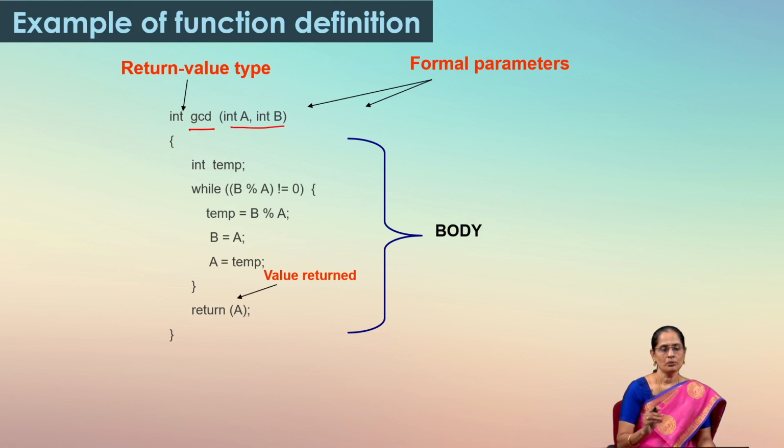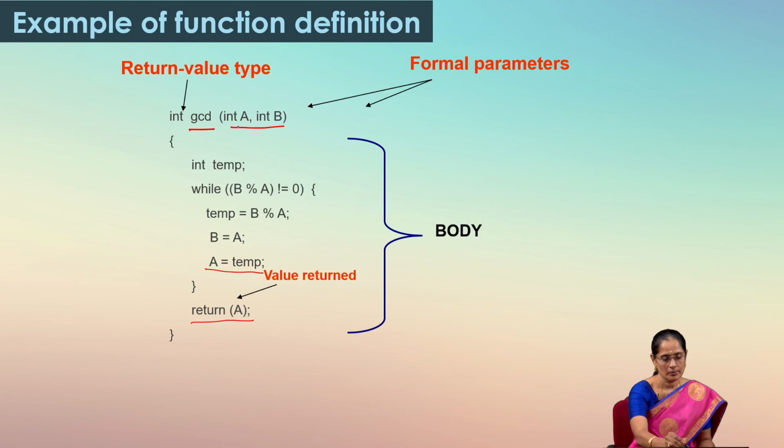And inside the function, as the body of the function, we are calculating the GCD of two given numbers A and B. So, what is going to be the result? The result is actually stored in the variable A. Once that loop is over, we return the value which is stored in the variable A, the parameter A. Now, what is the data type of the parameter A?